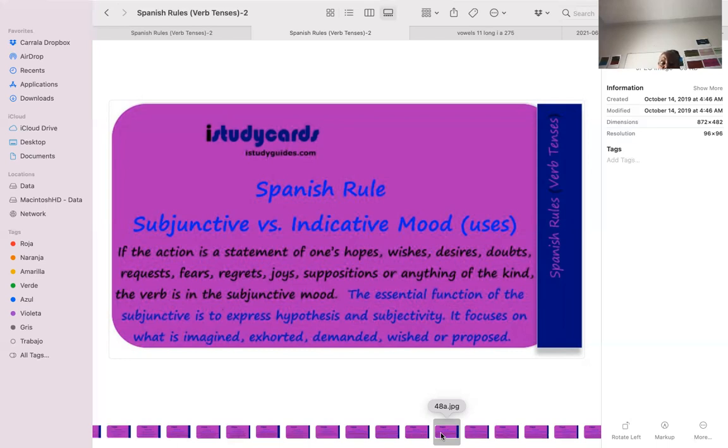How many of us, when we're speaking, talk about what is imagined, exhorted, or demanded, or wished, or proposed? I argue not very much. A lot of us have not been trained to think like that. Okay.